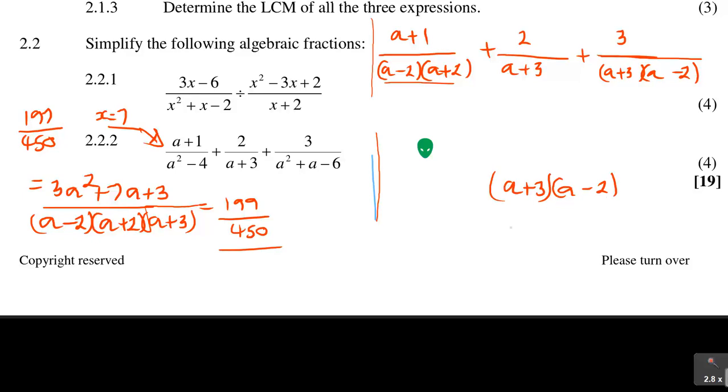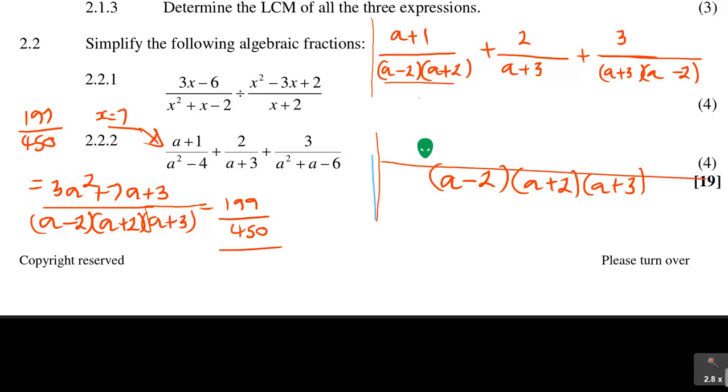If I say a times a is a squared, a times minus 2 is minus 2a plus 3a minus 6, which is a squared plus a minus 6, which is the same as that. So that is correct. So my common denominators are correct.